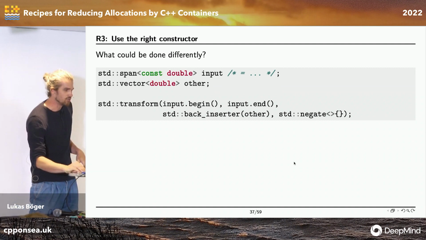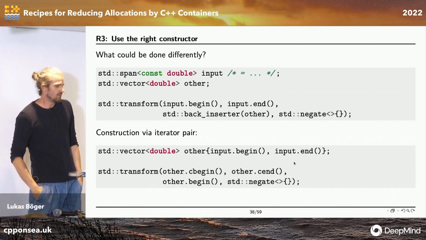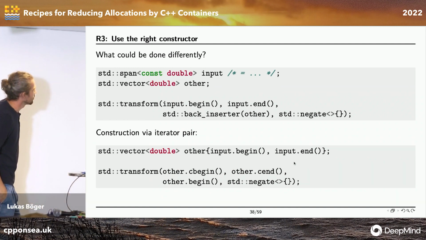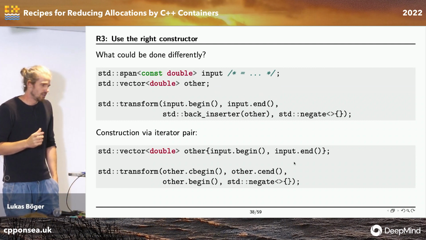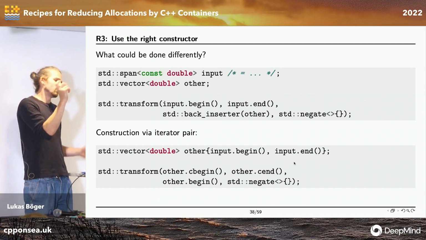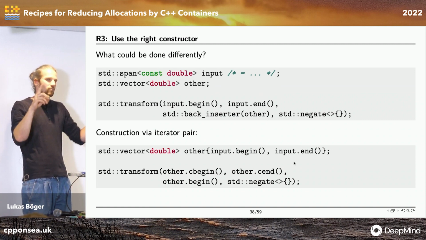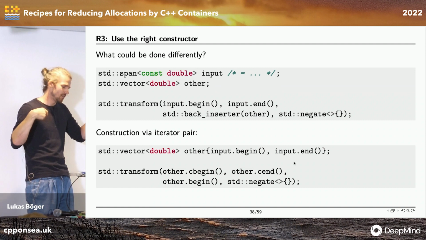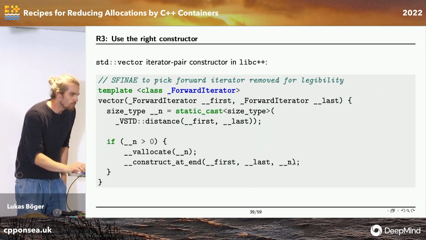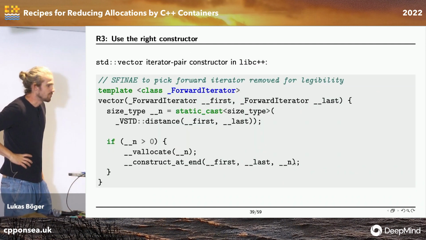Okay, so what we can do is use a vector constructor that works with 2 input iterators. And that allows us to allocate once in the beginning and then do our operation, okay? And we can have a look at the libc++ implementation for that.